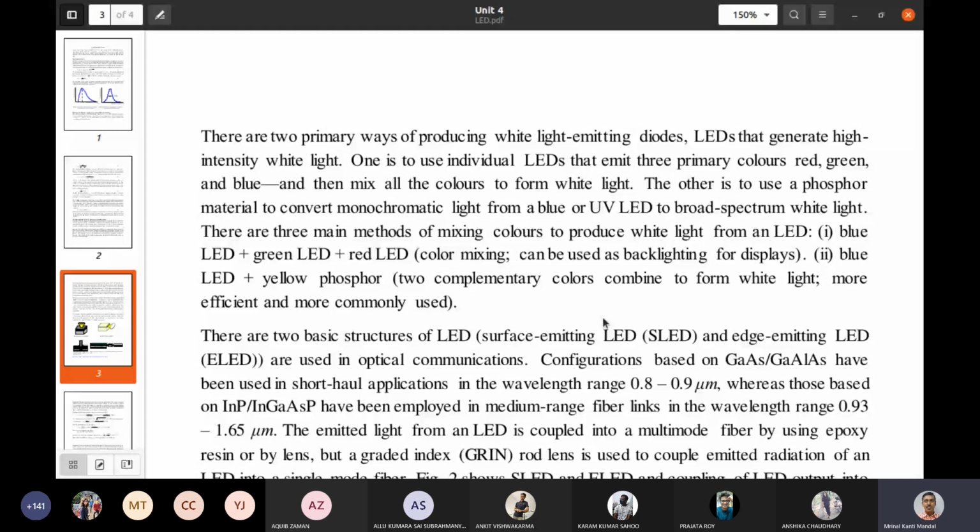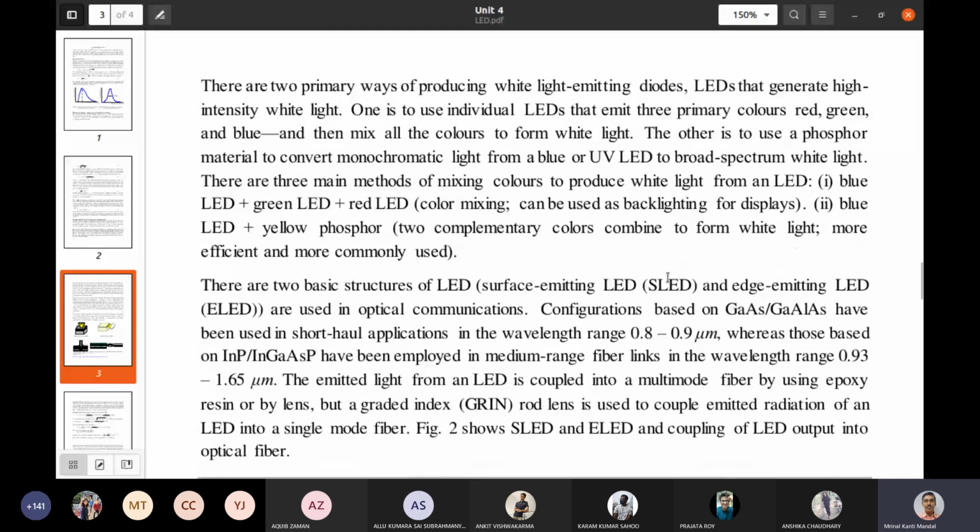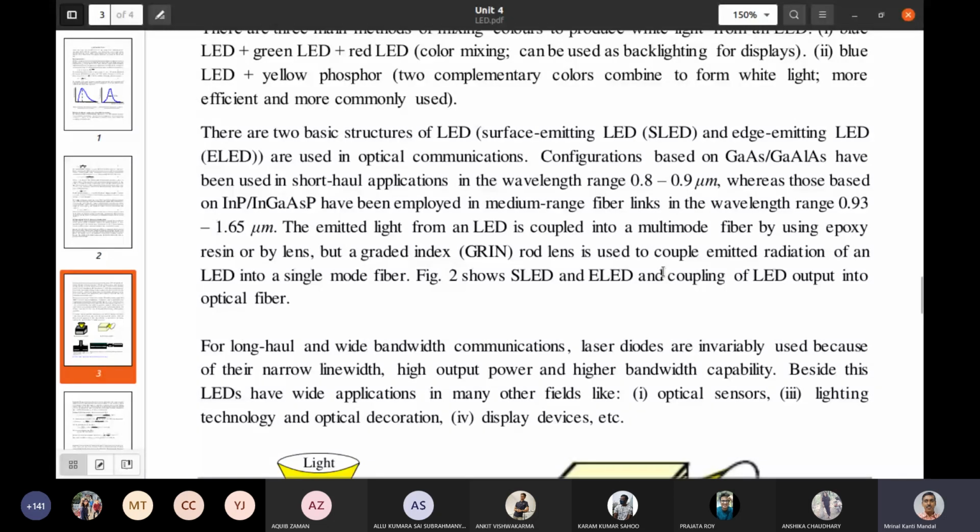Then in the commercial market, after that, the white light LED came, and then in lighting technology or for decoration purpose, white LEDs are being used. Now this LED basic structure, that is surface emitting and edge emitting LED, we are not interested to discuss in detail, but you can see from the books that I have given as reference.